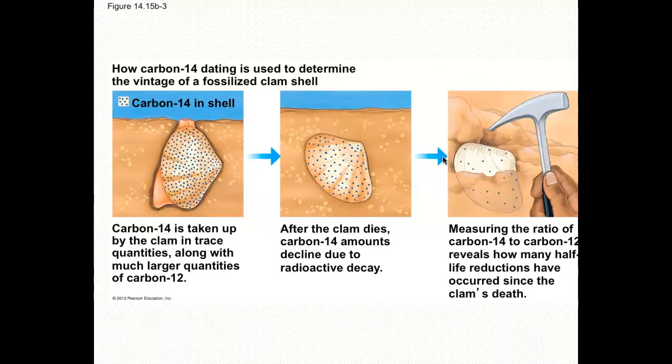And we also know how much carbon 14 is in the atmosphere. If you know initially the ratio of carbon 14 to carbon 12 in the living clam, and then you find half of that in the dead clam, you know that enough time has passed where half of that has decayed.